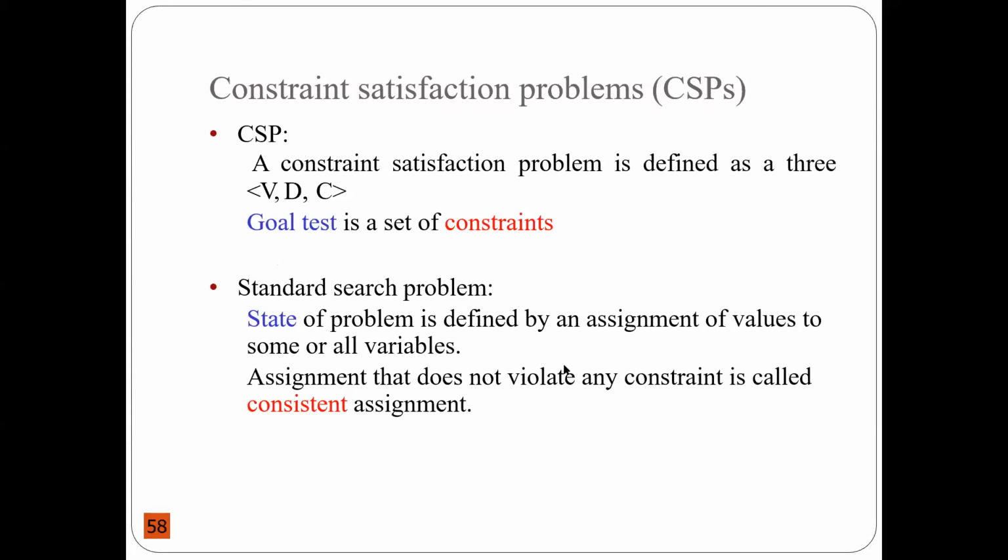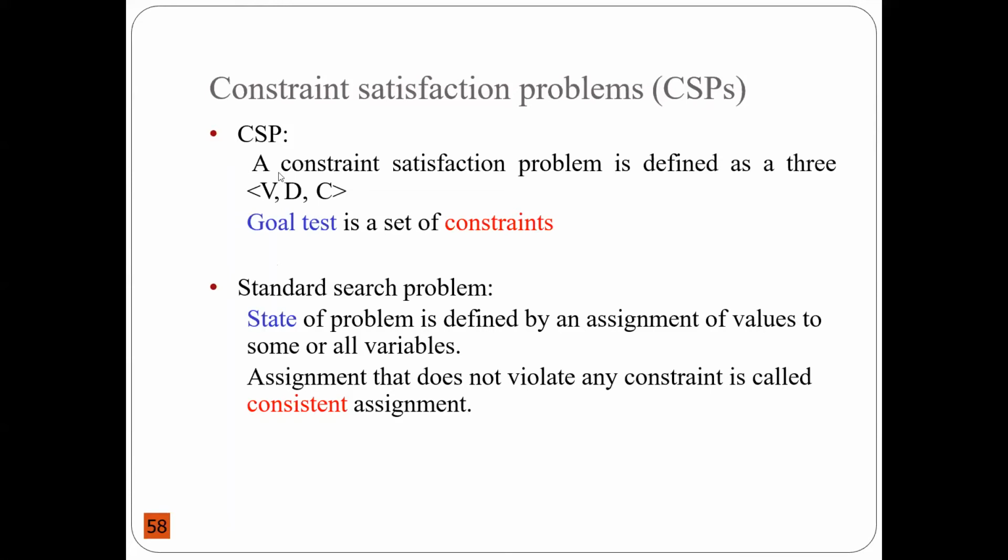In standard search problems, we are given the state space, heuristic function, and goal state. In this case, the state is represented in the form of any data structure that supports the successor function, heuristic function, and goal state.